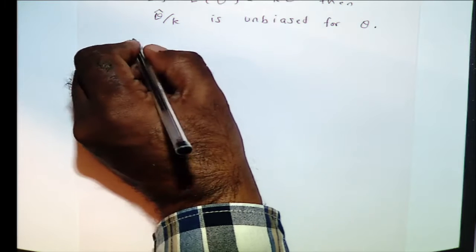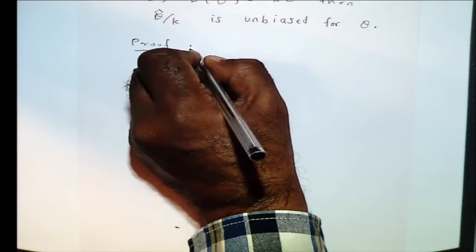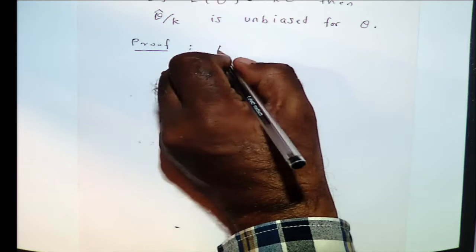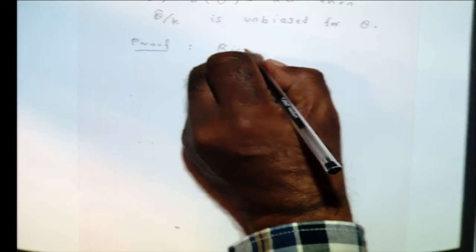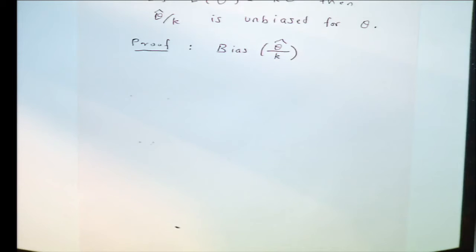Now, this is really easy to prove. To show that something is unbiased, you need to show that the bias of this is equal to 0, right?